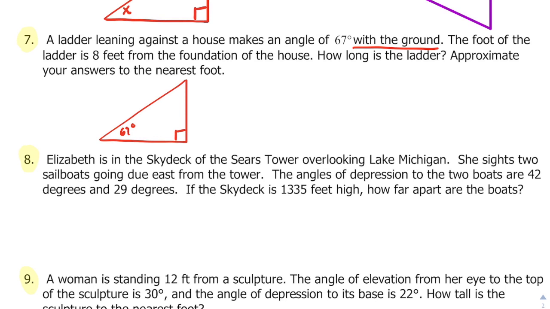It says the foot of the ladder, this part, is 8 feet away from the base of the house or the foundation of the house. So that's 8 feet. And then it says how long is the ladder? Well, the ladder isn't going to be straight up and down the vertical. The ladder is going to be the hypotenuse. So we're going to use trig to find that length.